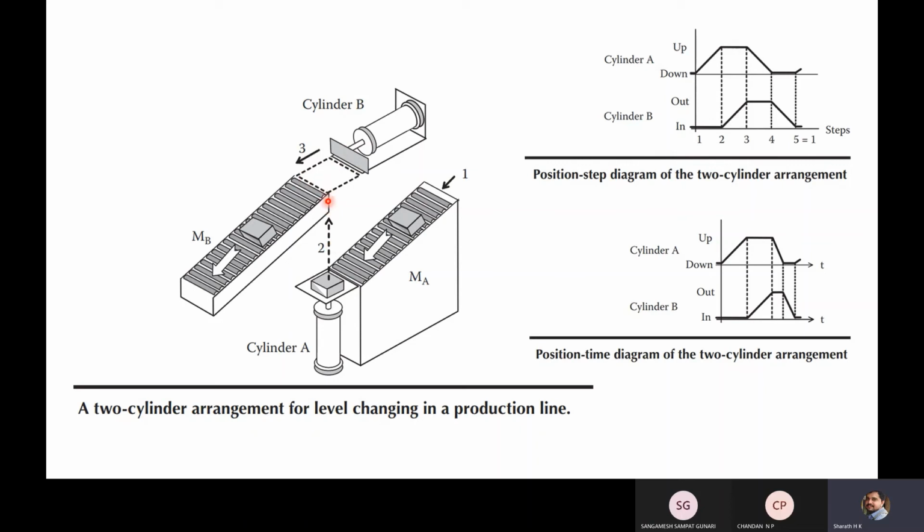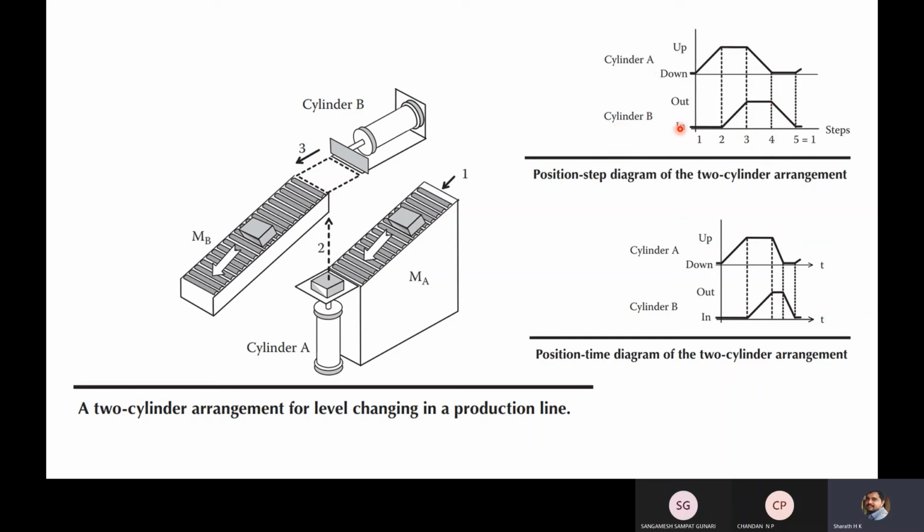Next, after retraction of cylinder A, cylinder B also will be retracted, so it will go to its initial position, that is the 5. So this is the position step diagram. It will represent extension and retraction strokes of cylinders.